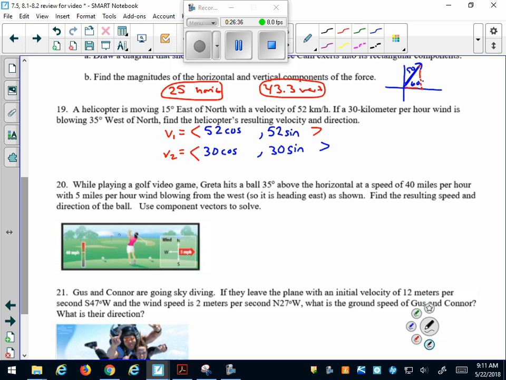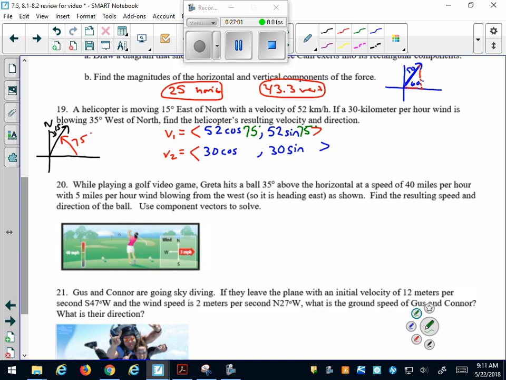I've got my helicopter moving 15 degrees east of north. Here's north, going to the east, 15 degrees. Well, from the horizontal, I've got to go this way, that's 75 degrees. That's vector 1.